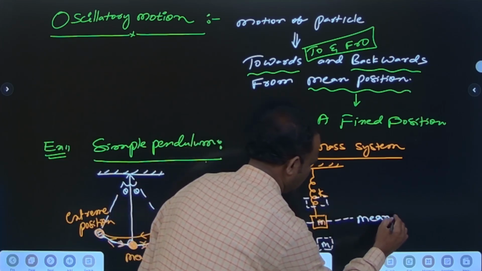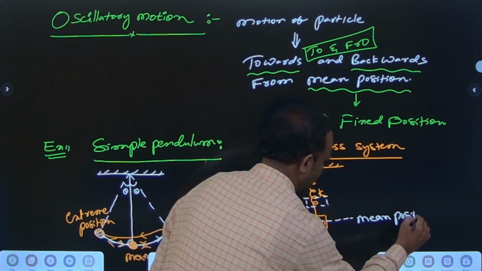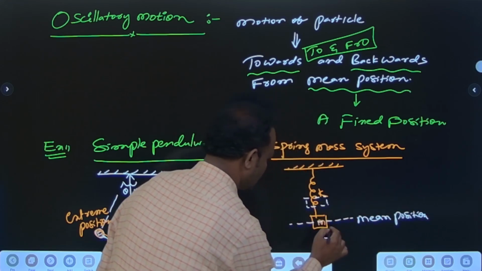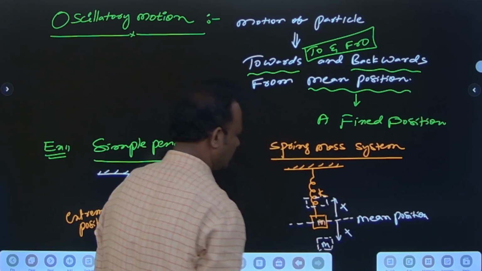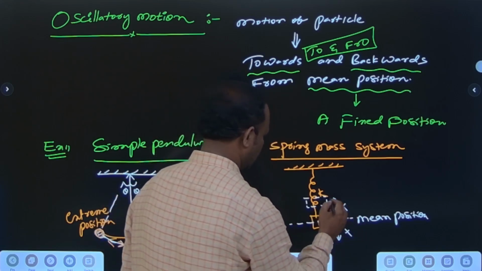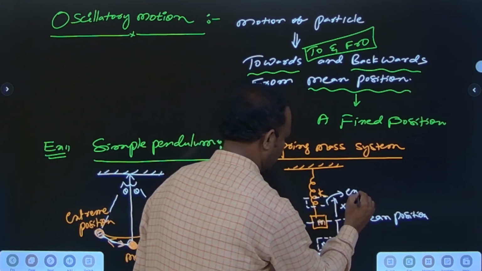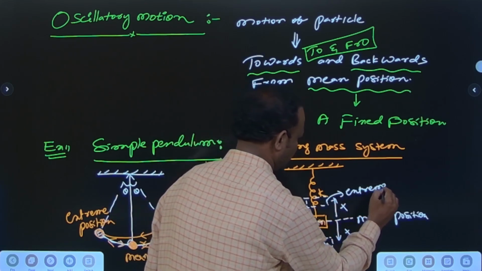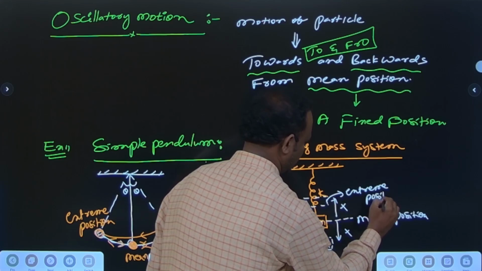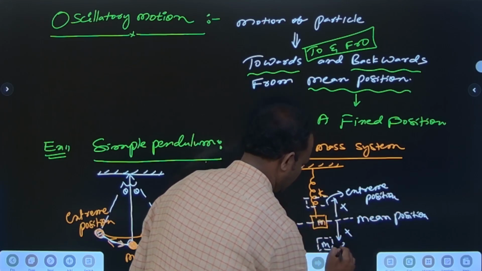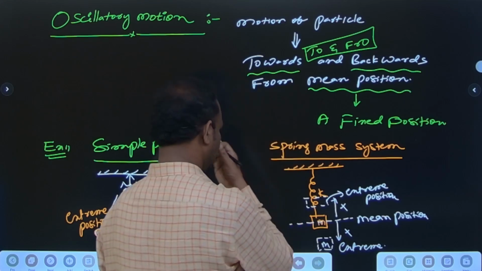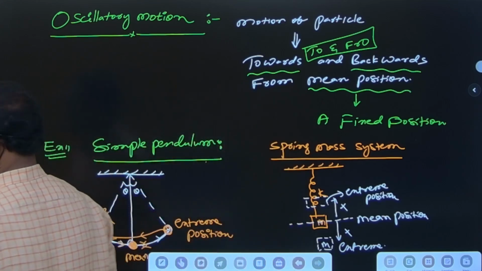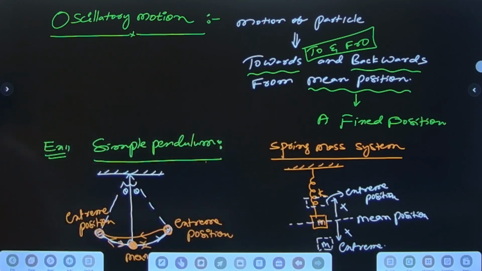This is called the mean position. The distance from the mean is called the displacement, x. These are the extreme positions, and here also it is an extreme position. So the spring-mass system is an example of oscillatory motion.